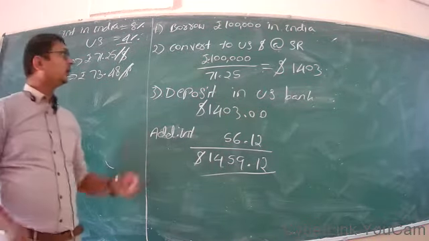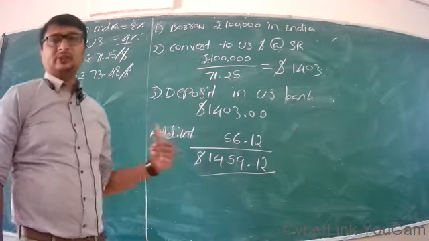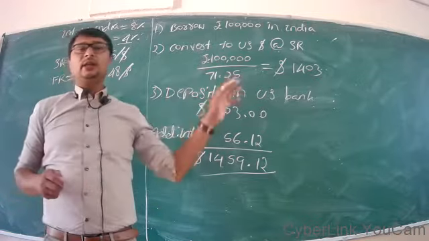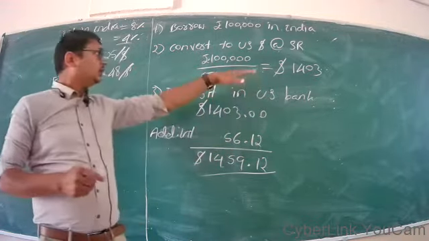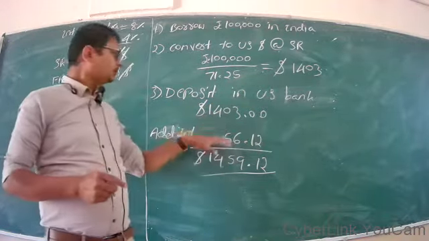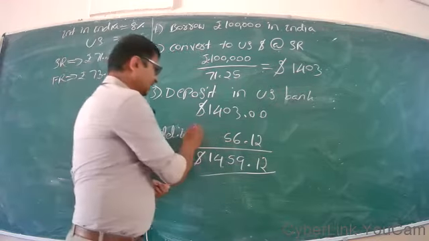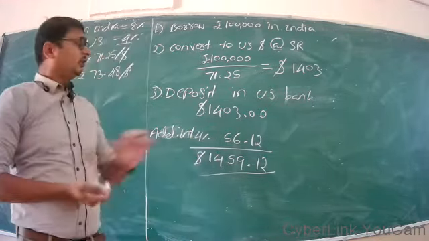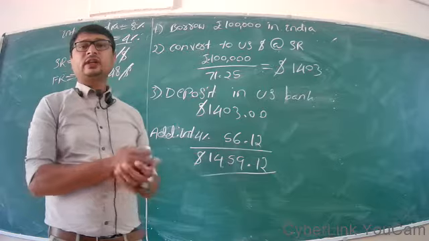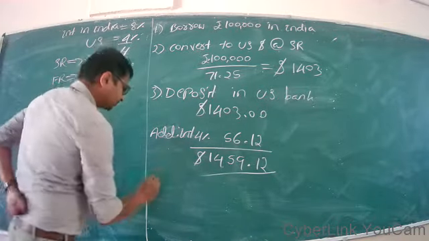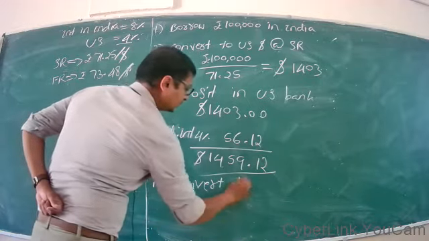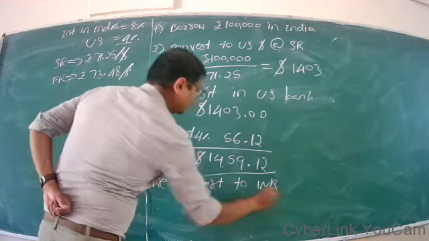So far, what you have done: you borrowed rupees 1 lakh from SBI and went to US to deposit in US dollars. You converted 1 lakh rupees at the spot rate and got 1,403 US dollars. You deposited in Citibank in US and got the interest of 4% for 1 year, 56.12. The matured amount after 1 year is 1,459.12 dollars. Now we convert it to Indian rupees.